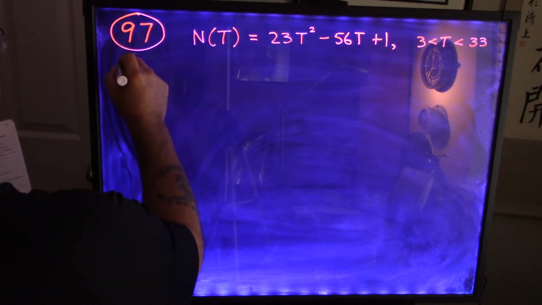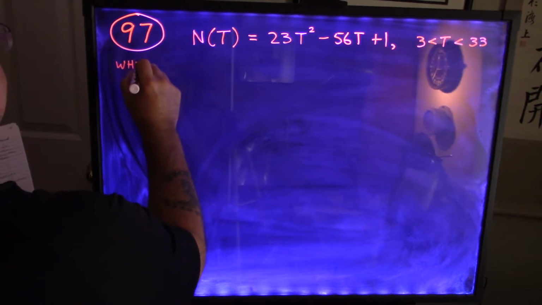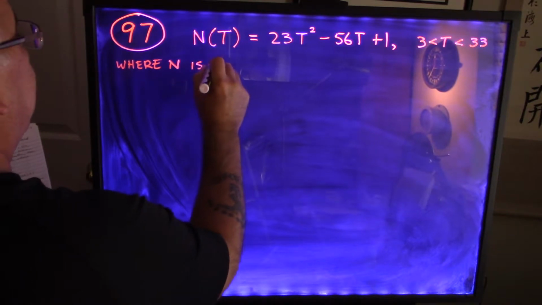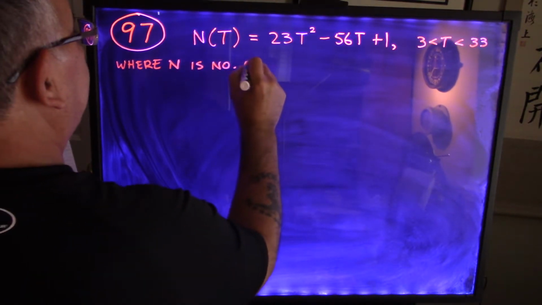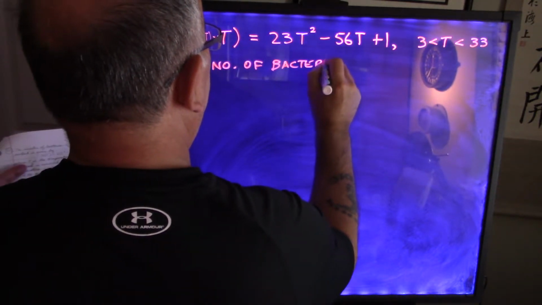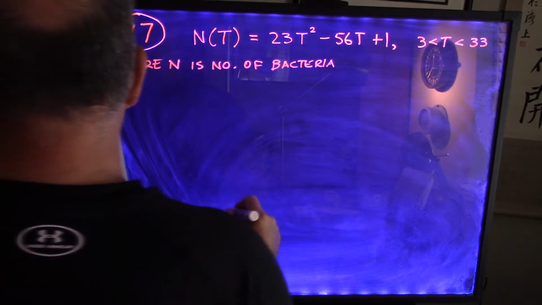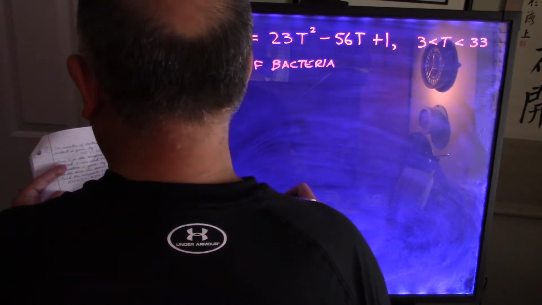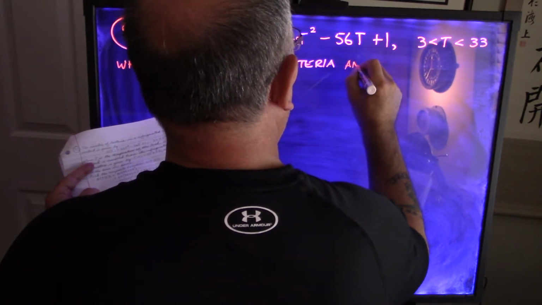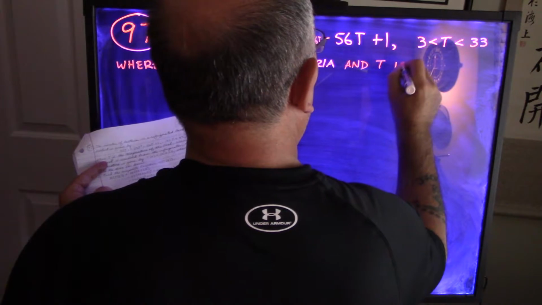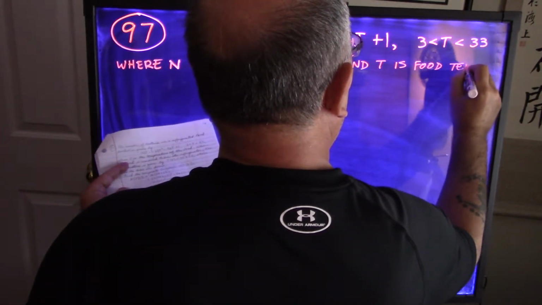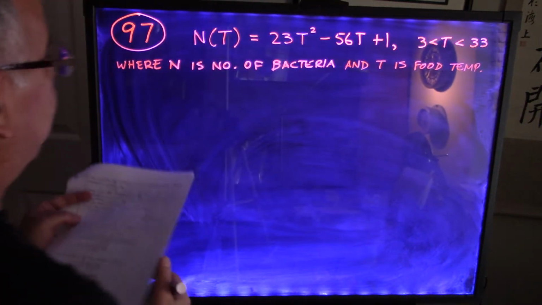Let me write that down, where N is the number of bacteria and T is the temperature of the food. So I'll just write food temp. Okay.